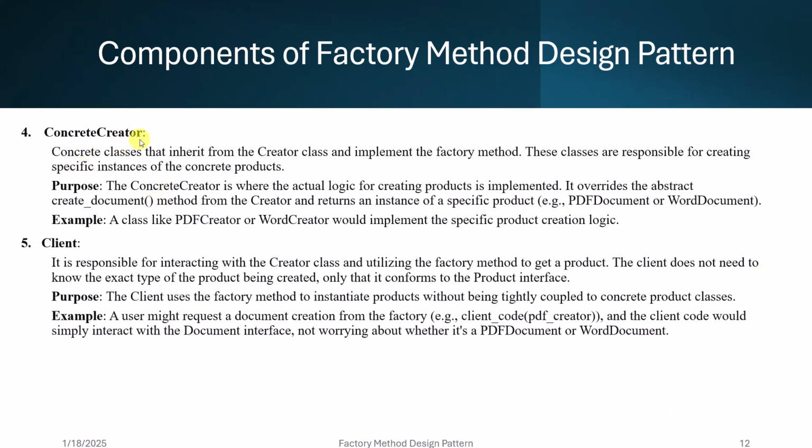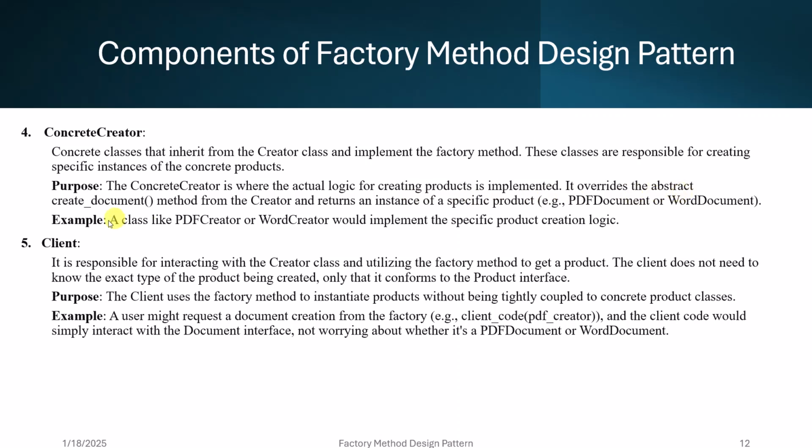The next is concrete creator. This class will inherit from the creator class and implement the factory method. These classes are responsible for creating specific instances of the concrete products. The purpose of this component is where the actual logic for creating products is implemented.